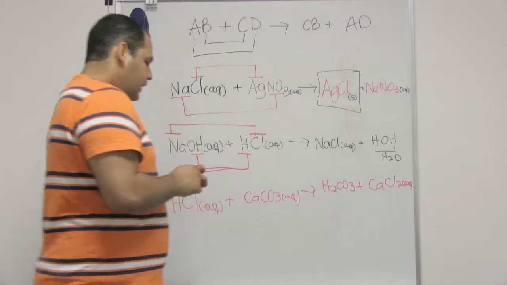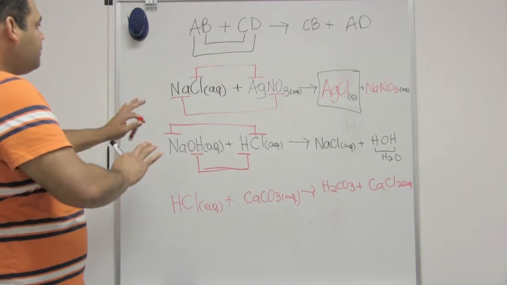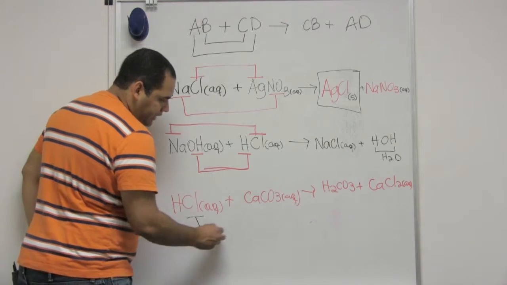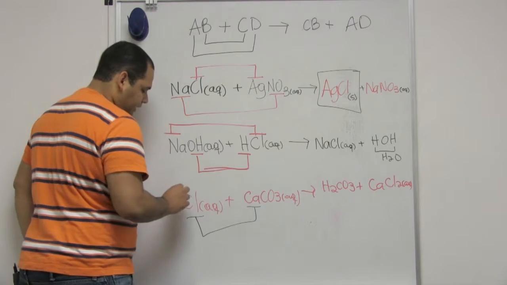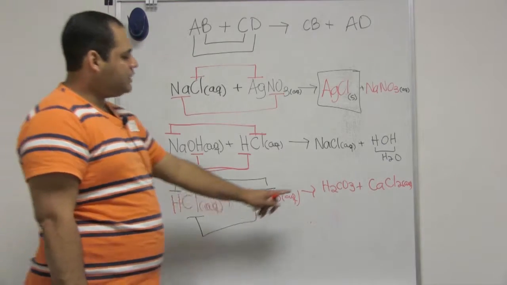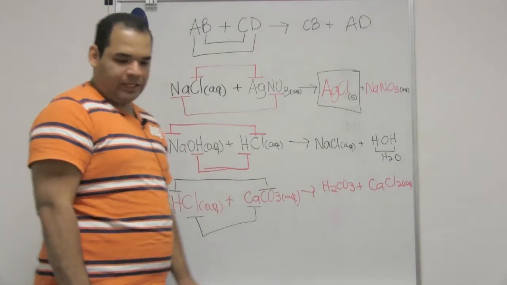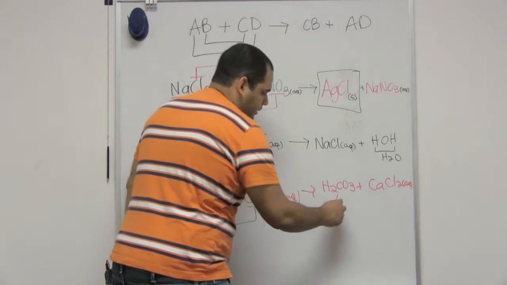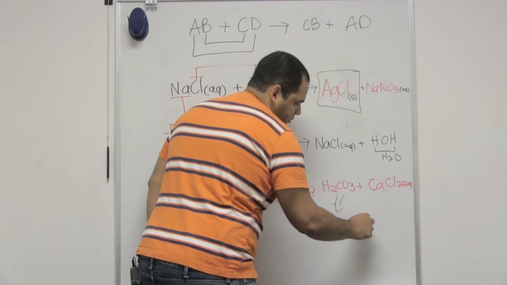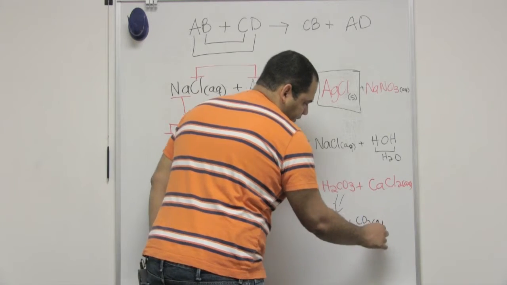So, the same thing we did before. B combined with C and A combined with D. But now we know that H2CO3 decomposes into H2O plus CO2, which is a gas.